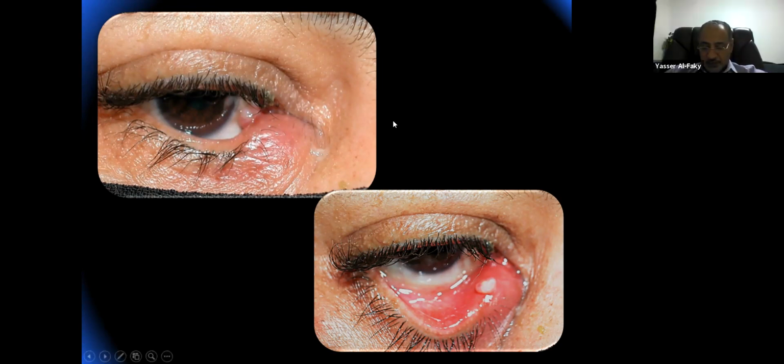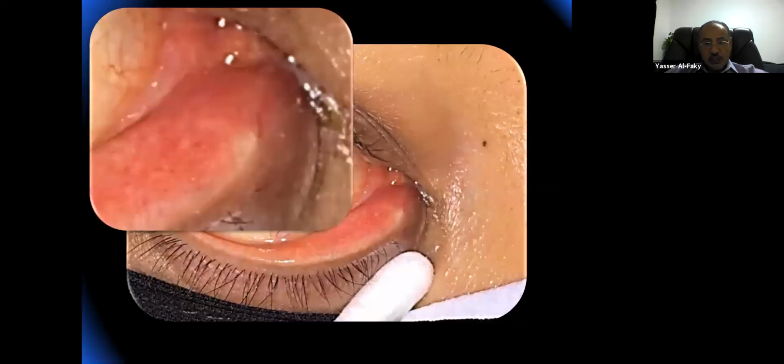Okay. I'll give you a hint for the previous patient. What we see here is milky, scanty discharge coming from the punctum when we press on the lower eyelid or the lacrimal sac area.